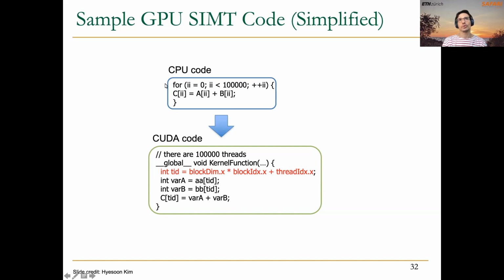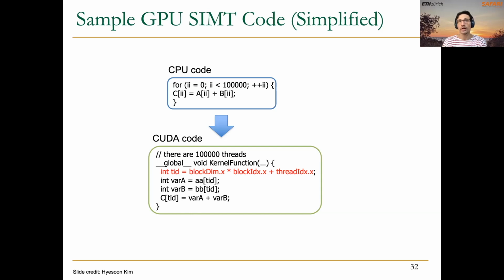Remember, we compared this simple CPU code with the CUDA code, which in the end is very, very similar, not complex at all, because here we access global memory to read one element from array A, one element from array B, and then we add them and store the result in array C. The only key difference between the CPU code and the CUDA code is that in the CUDA code, we are essentially unrolling the for loop, assigning each of the iterations to a different CUDA thread, and each thread has its own identifier that will tell it where exactly to access.